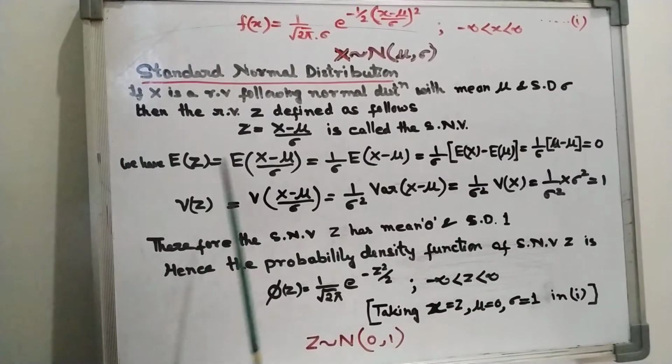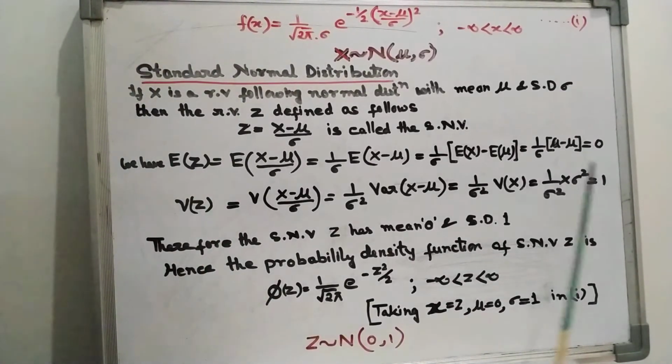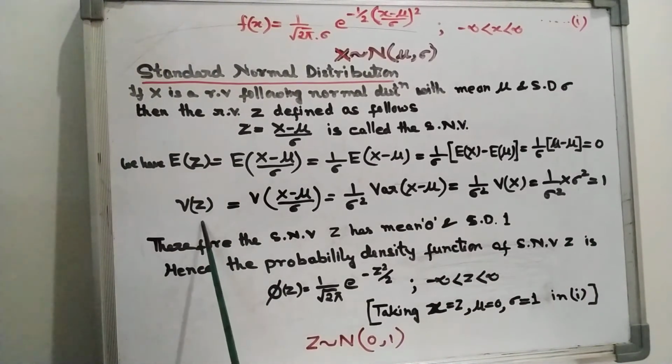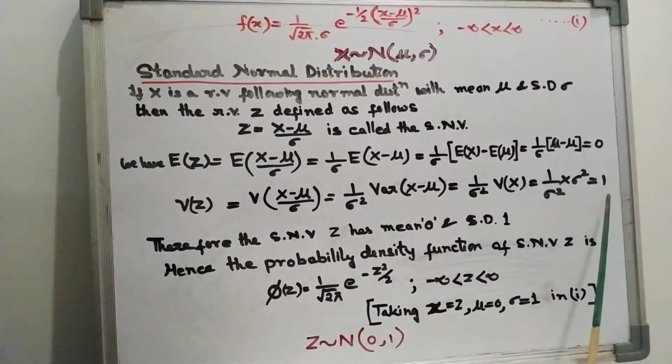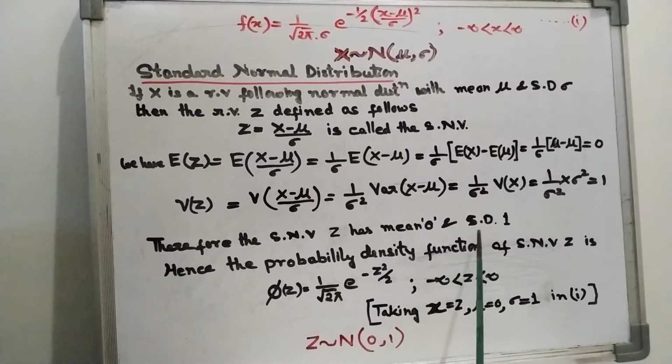So we get the mean of the standard normal variate is 0 and the variance of the standard normal variate is 1. Therefore, the standard normal variate has mean 0 and standard deviation 1. Hence, the probability density function of the standard normal variate z is defined as phi(z).